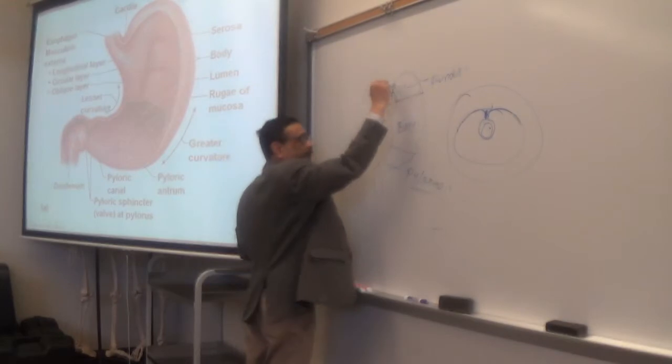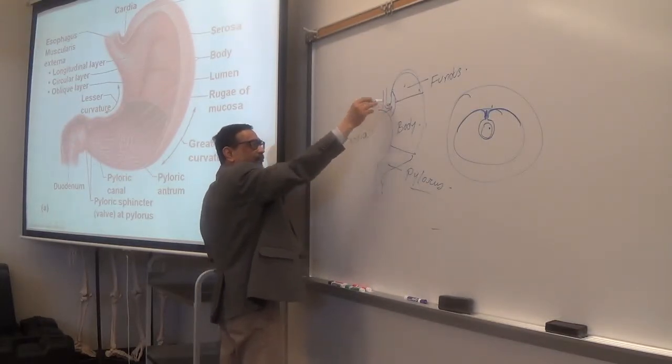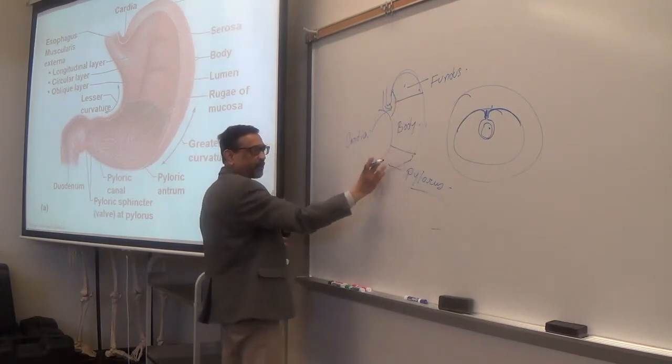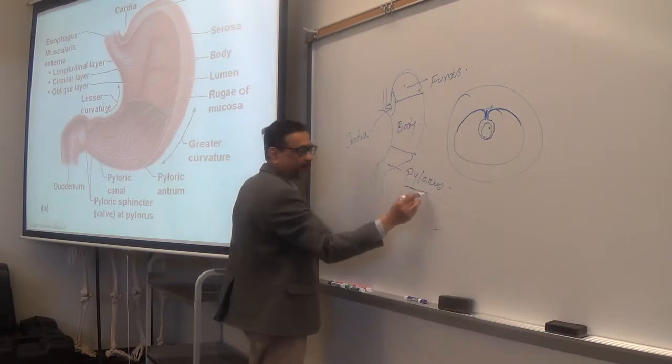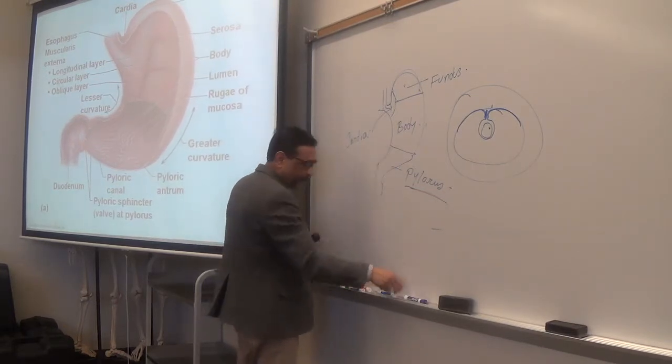So the fundus is the dome-shaped part. The area near the orifice is the cardia. Then the wide middle portion is the body, and the last narrow part is the pylorus. Okay. Now we divide the pylorus into two parts.